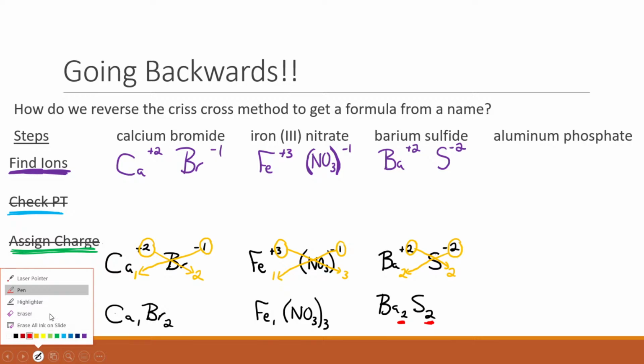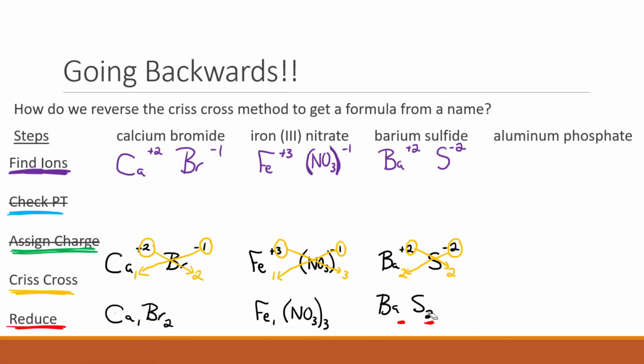So these are going to go away. The 2's are going to become 1's. And then, like I've said, the 1's are optional. So this can be Ba1S1 or just BaS. But you must reduce this.